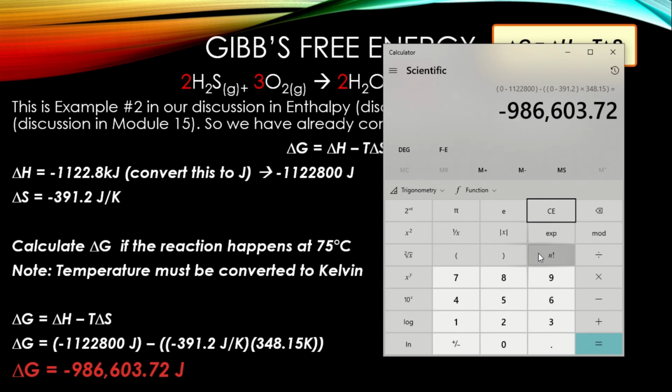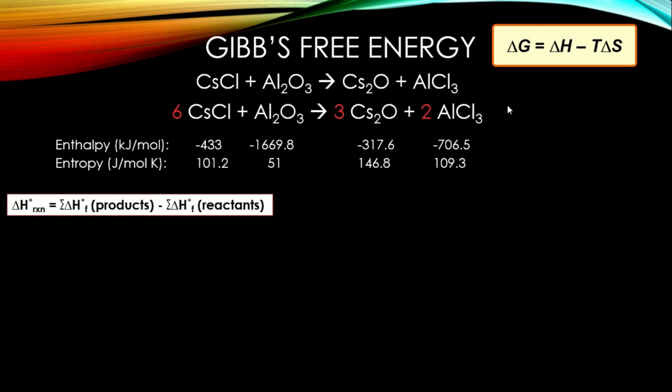Now let us try answering from the start. We will solve from enthalpy, to entropy, to Gibbs free energy. This is our example. Cesium chloride plus aluminum oxide to produce cesium oxide plus aluminum chloride. So, the first step is to balance the chemical equation because remember, our enthalpy and entropy are extensive properties.